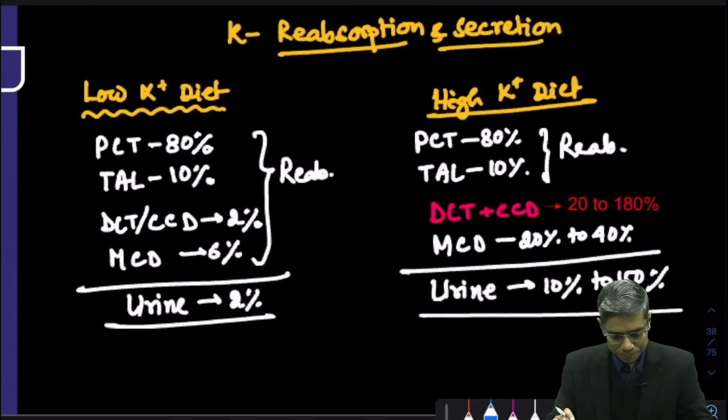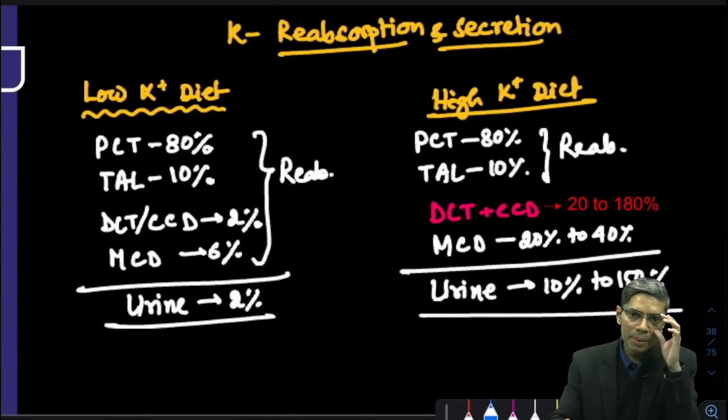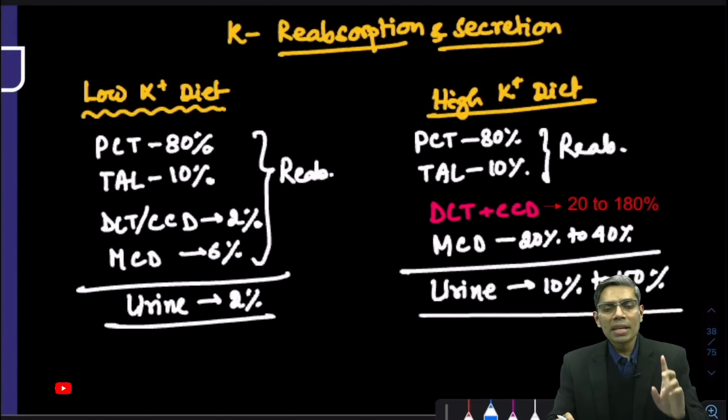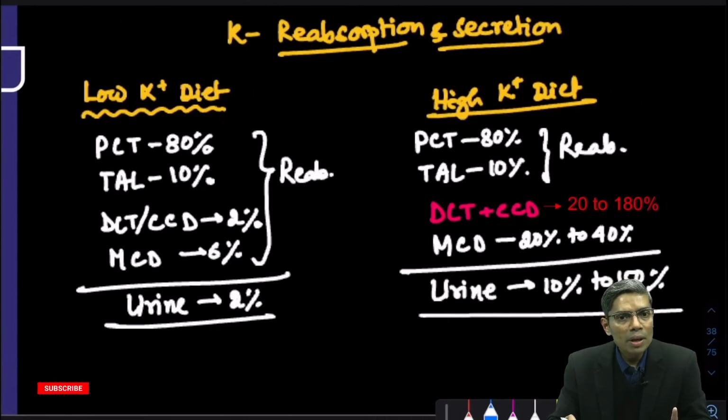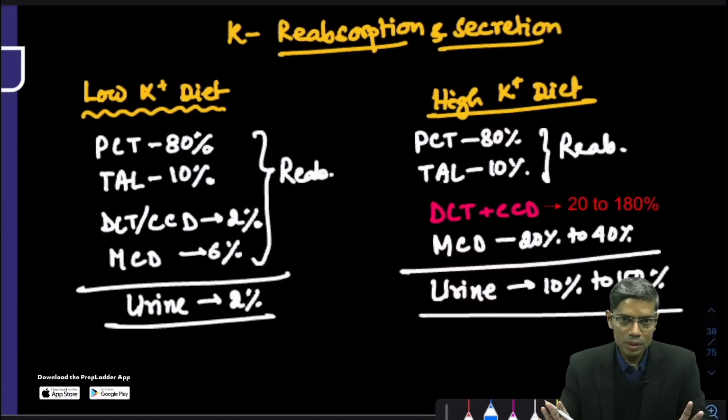Okay, now ये जो नंबर मैंने यहाँ पे लिख के रखा, यहाँ पे देखो, when your potassium is low in the diet, in condition में when you are taking less amount of potassium in your day to day diet, then body will not try to secrete potassium. Obviously your blood potassium is less, body is not going to secrete potassium, but here reabsorption.